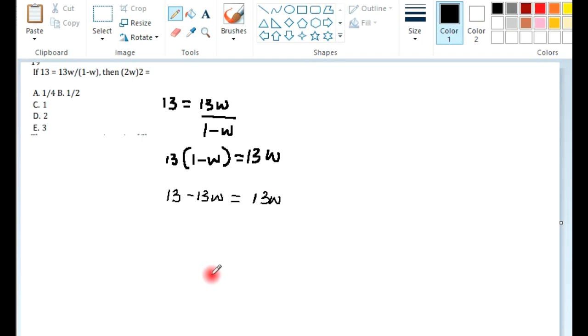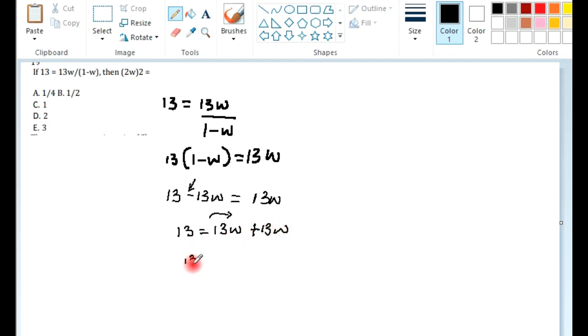So what can you see about this? If this is this, then technically we just have 13. So we have 13 here is equal to 13W. This is going to go over the equality sign, then it's going to be plus 13W, right?